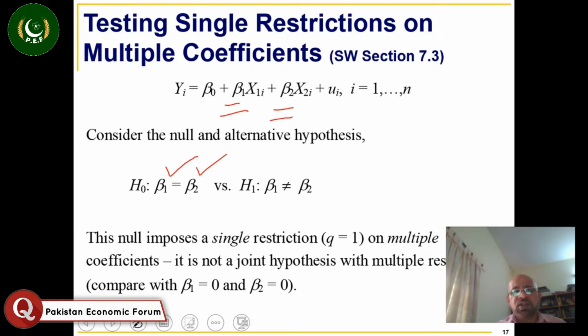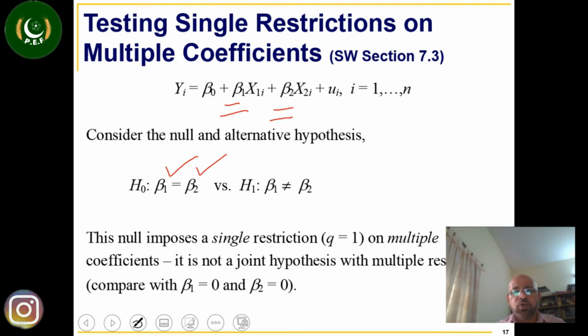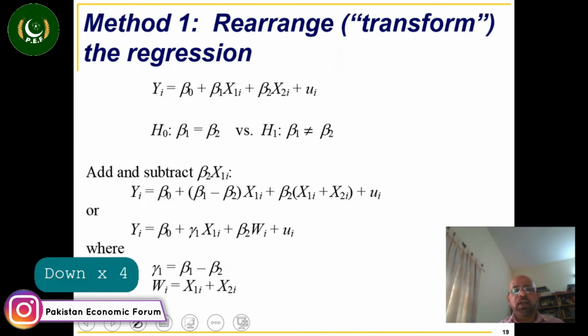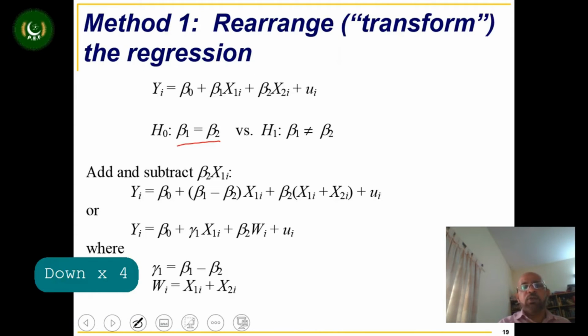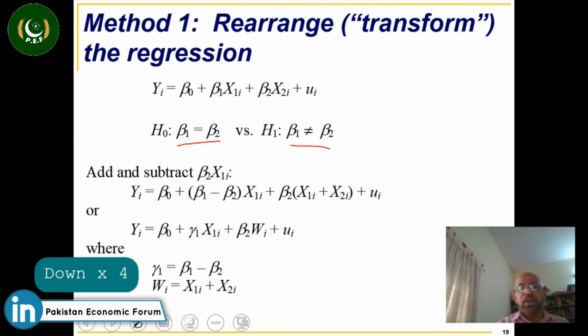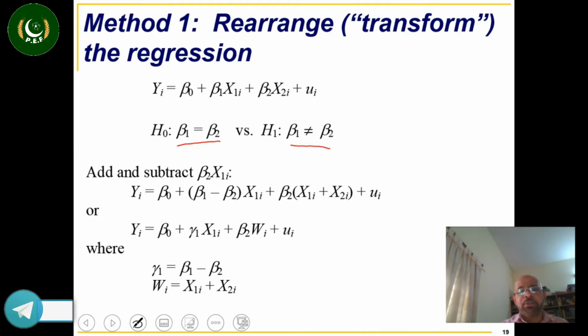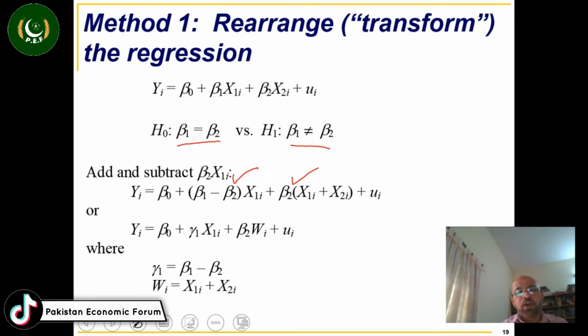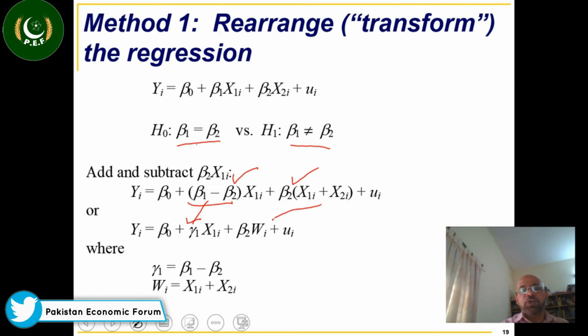If you are just learning it and have to do it manually, then you can rearrange: H0 beta 1 minus beta 2 equal to 0, H1 beta 1 minus beta 2 not equal to 0. So this basically means beta 1 minus beta 2 equal to 0. Therefore you have added and subtracted beta 2 x1. Now you will have beta 1 minus beta 2 equal to 0. So this is gamma 1, and here this is a new variable.